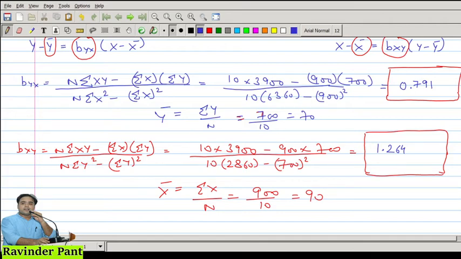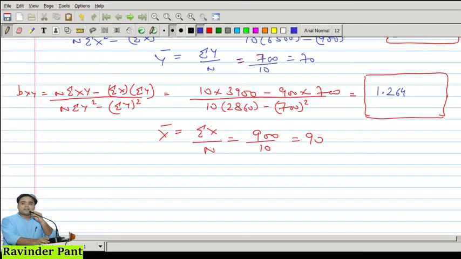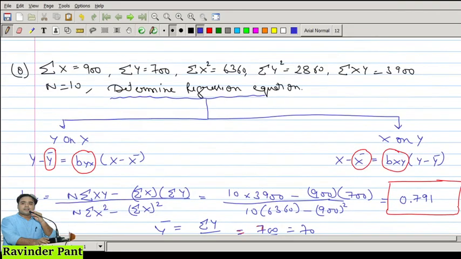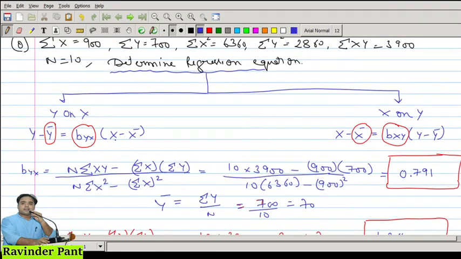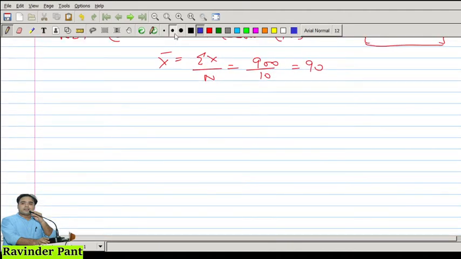You have byx, you have bxy, you have x bar, y bar. So let us put these values into this equation and you will get the regression equations. So two regression equations are as follows.